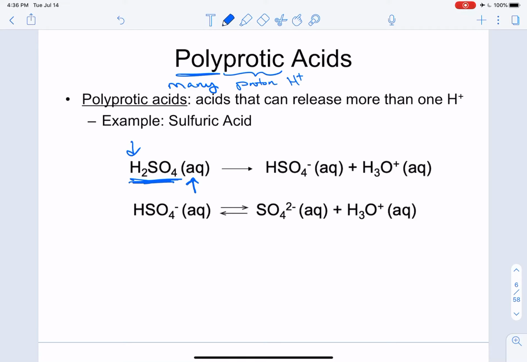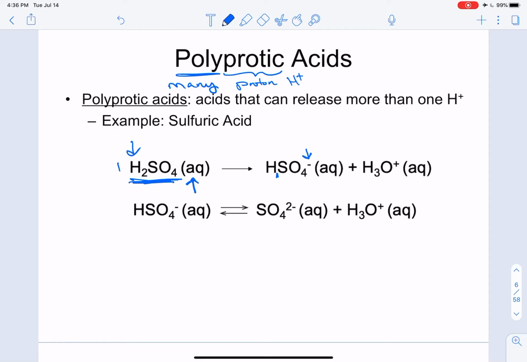And if H2SO4 gets rid of one of its H+, it's going to become HSO4, and it's going to have a -1 charge on it because it lost one of its pluses. And where does the H+ go to? Well, it hops on a water.